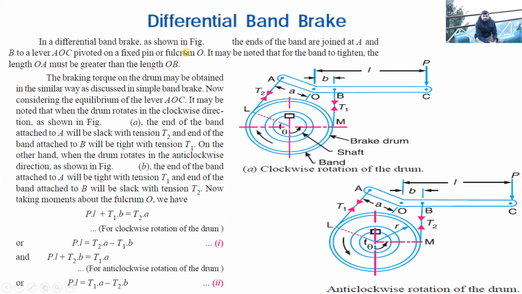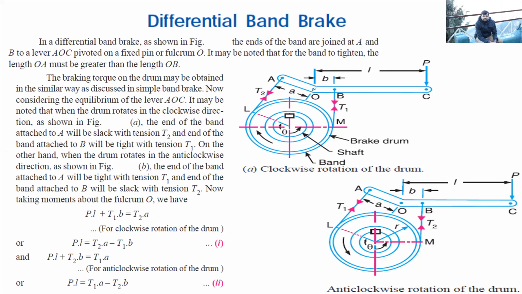The only difference over here is the lever is extended. So one end of the lever is where the P force is applied and the other end of the lever is where the band will start from. Okay, and the rest of everything will remain the same.